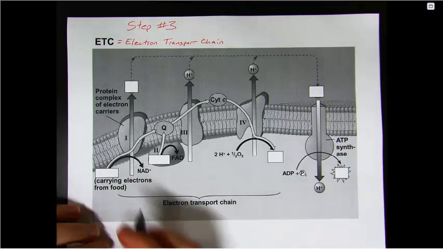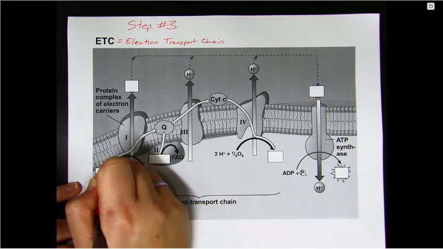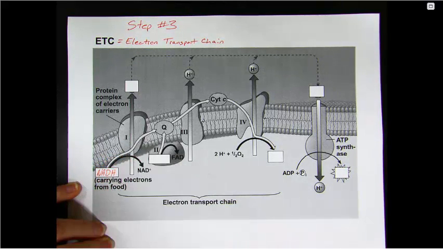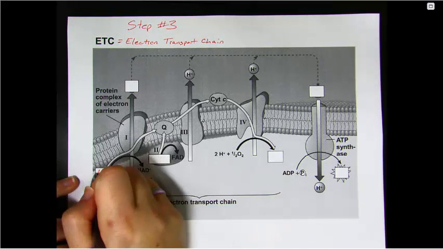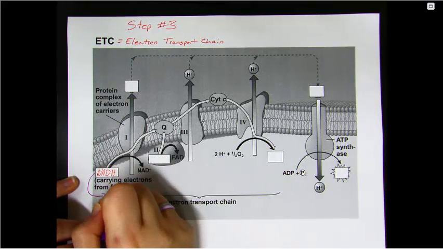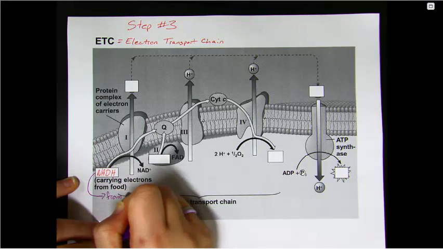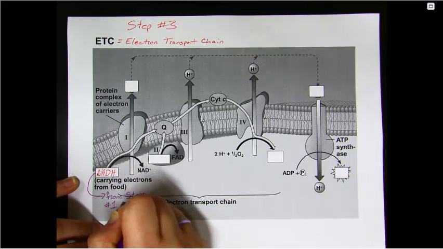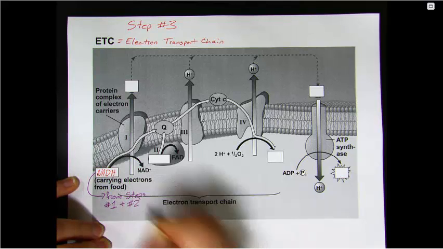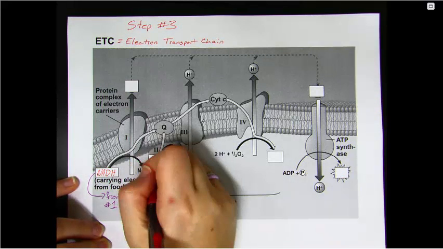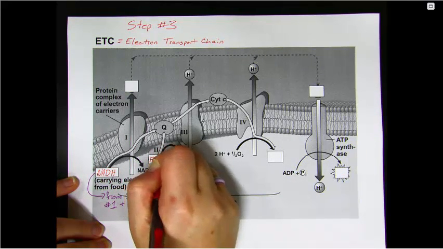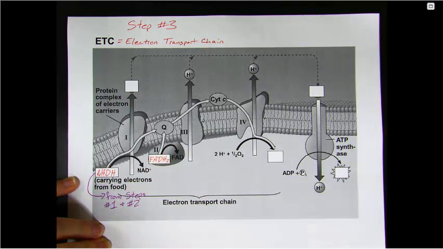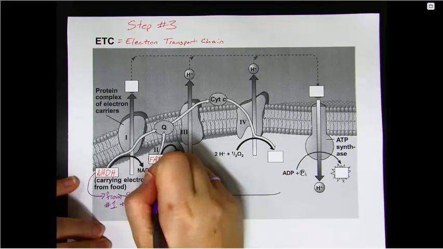So we start with the NADH that was produced from steps number 1 and 2. We also have the FADH2 that was produced in step number 2.